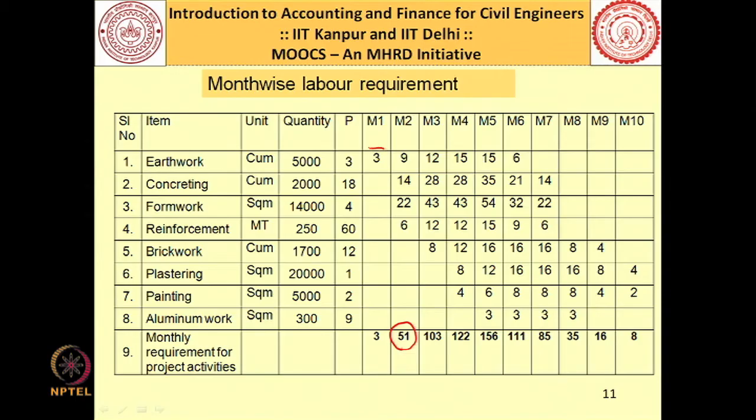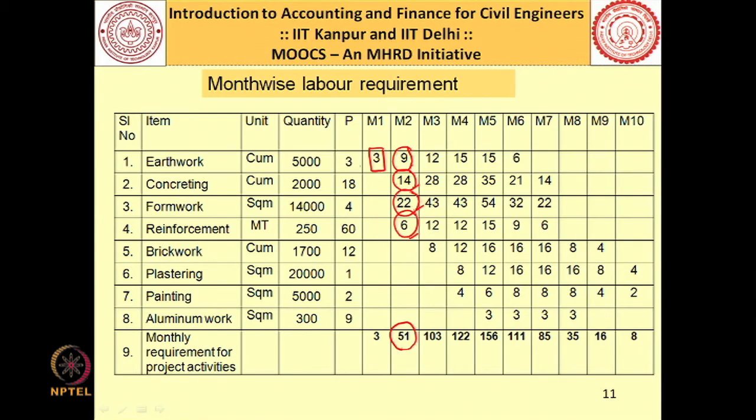For month 1 I have already explained, I am getting 3 workers because only one activity, earthwork, is in progress in month 1. In month 2 I am doing 4 activities: earthwork, concreting, formwork and reinforcement. Now, depending on the productivity that you assume, you can calculate the monthly labor required. So, 9 here for earthwork, 14 for concreting, 22 for formwork and 6 for reinforcement.